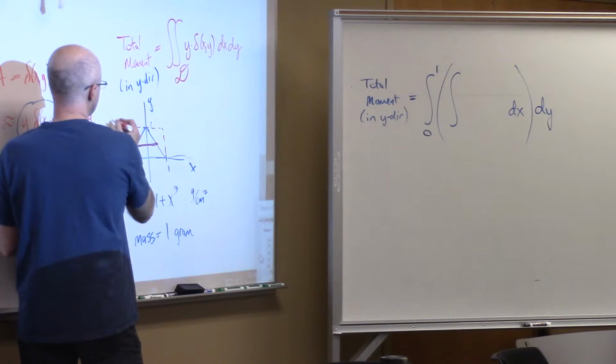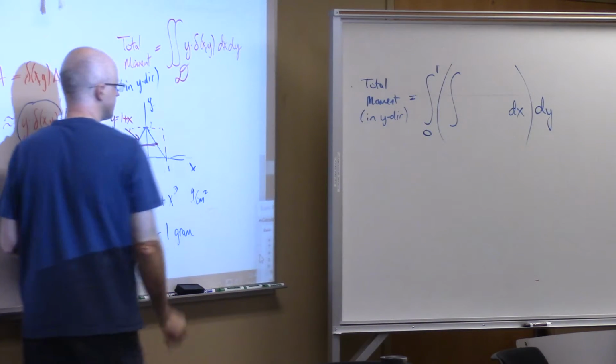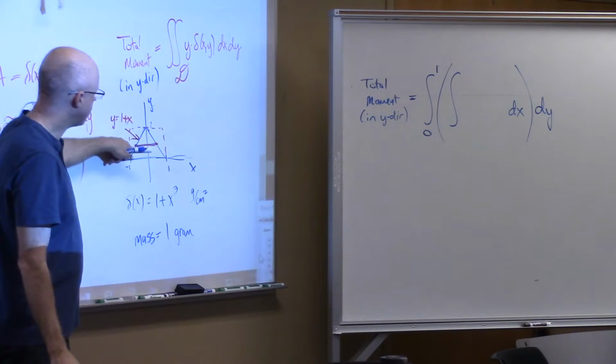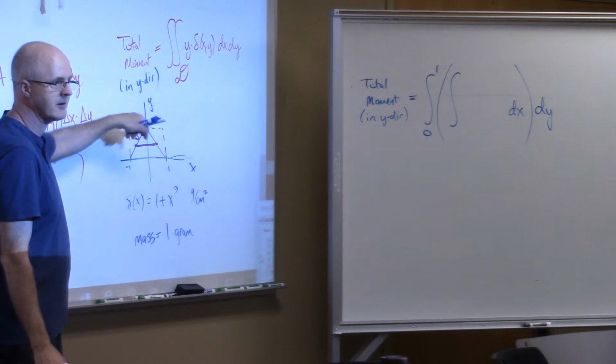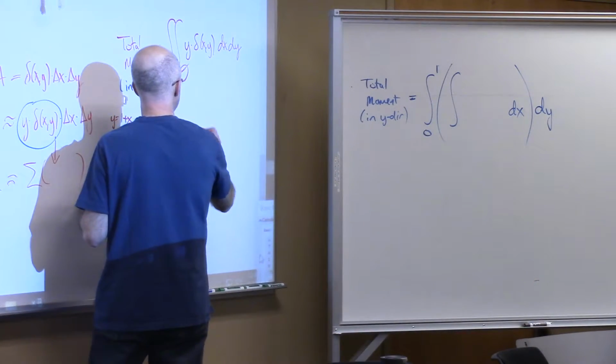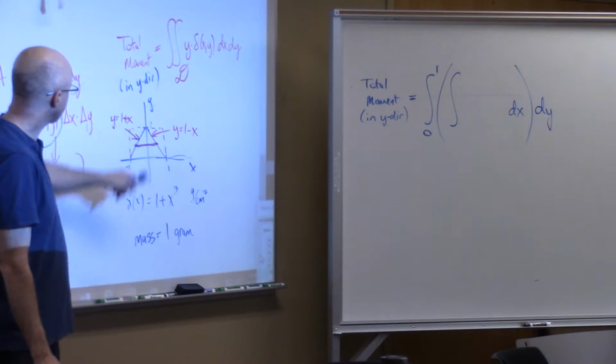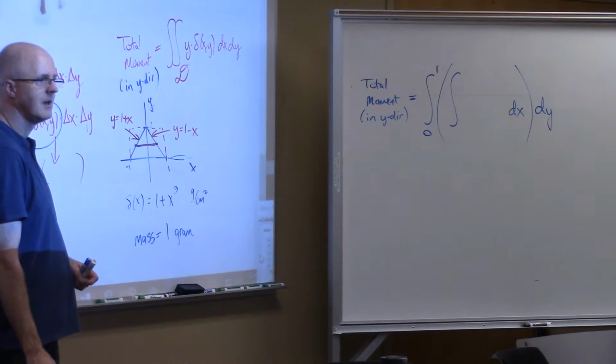The equation of this line was y equals 1 plus x. That line has a slope of +1 and a y-intercept of 1. And the equation of this line was y equals 1 minus x. Slope of -1, y-intercept of +1.